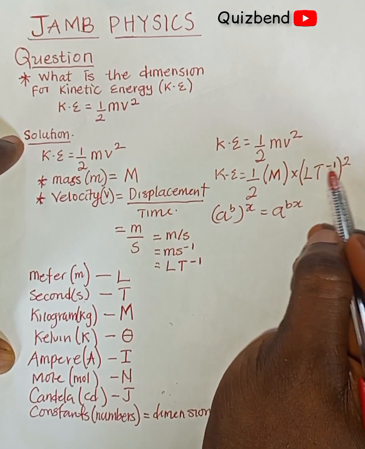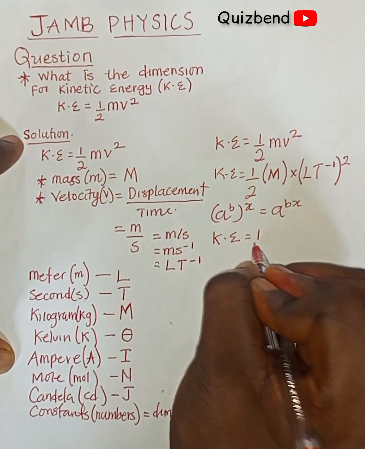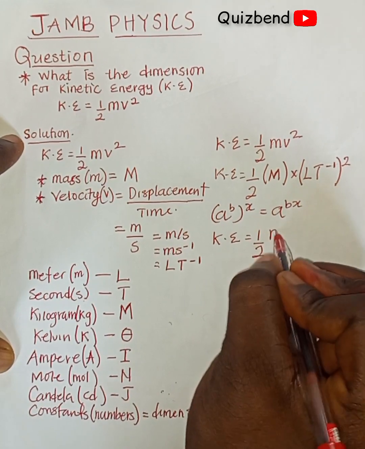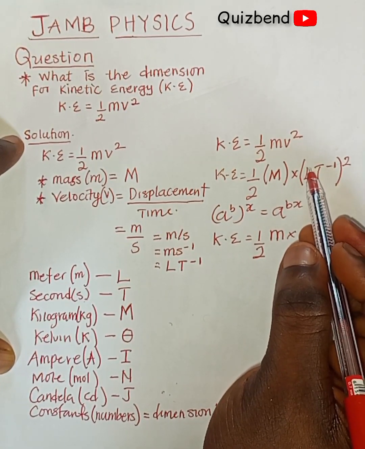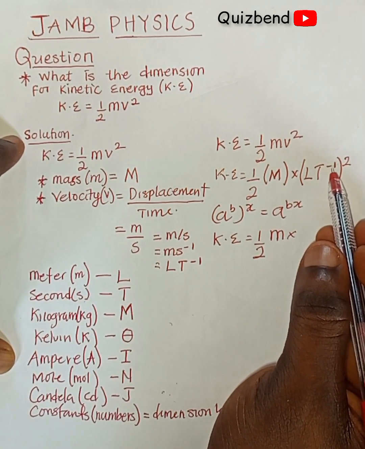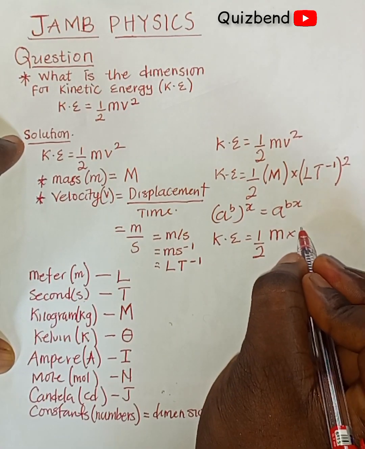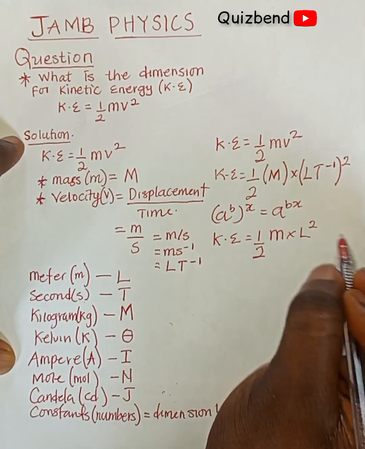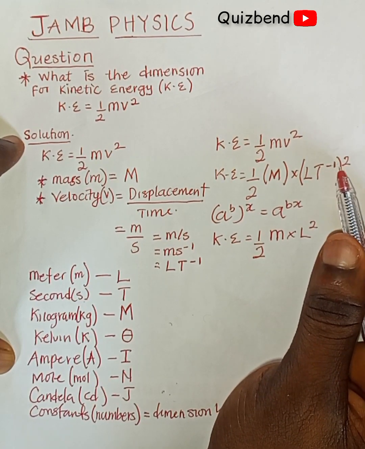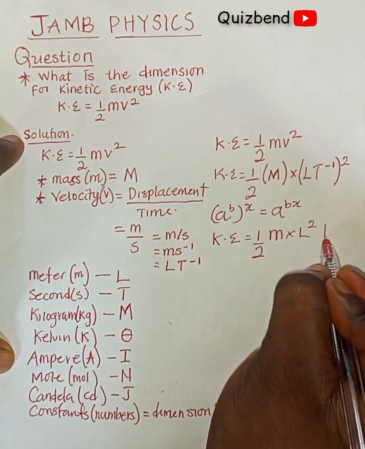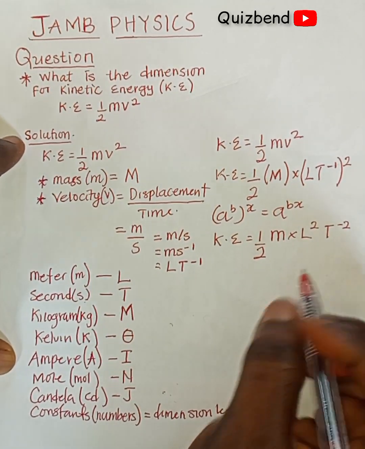So our kinetic energy is equal to 1/2 M, then the power of 2 multiplies the power of L and the power of T. The power of L is 1, so 1 times 2 we have L raised to the power of 2. For T raised to the power of -1, you multiply 2 by -1, and we get T raised to the power of -2.